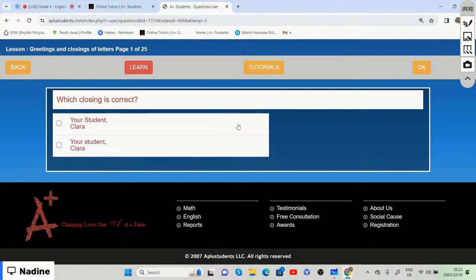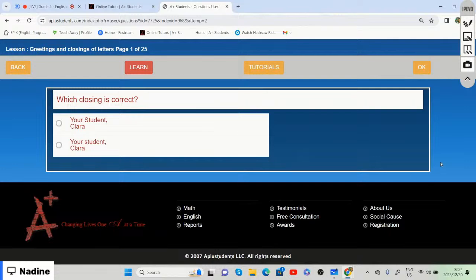Remember, keep in mind how we punctuated capital letters, commas, end points, and so on. So which closing is correct? Is it the first option, "Your student, Clara," or the second option, "Your Student, Clara"?